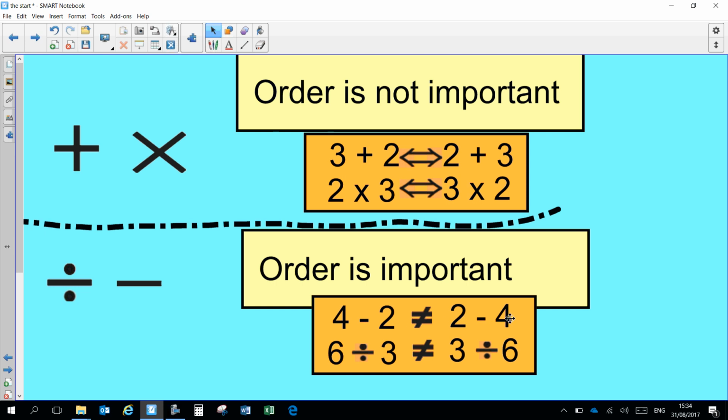If you're on 2 and you take away 4, you get minus 2, so they're not the same. What I see is that when people are doing subtraction and division, they normally don't like to deal with negative numbers, so they make the numbers fit the equation. You cannot do that. When you're doing subtraction or division, you must be careful. The order in which you do it is very important.